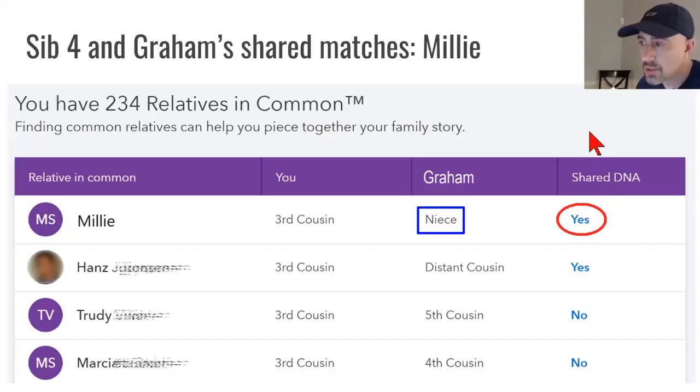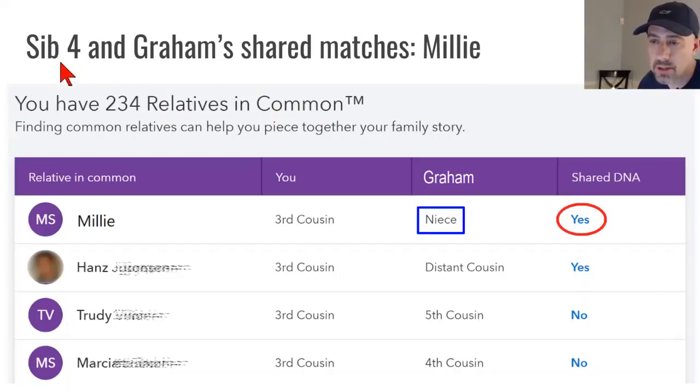So just to add another layer of evidence to help us with our hypotheses here, we can utilize the triangulation tool at 23andMe, and we get to the triangulation feature by pulling up the shared matches list. They call this relatives in common.